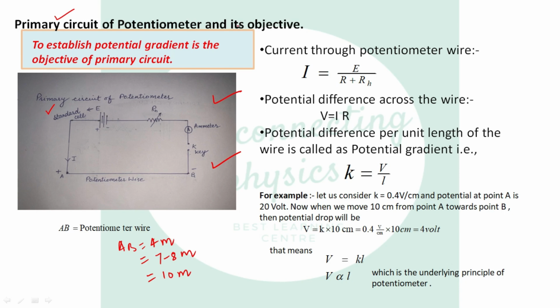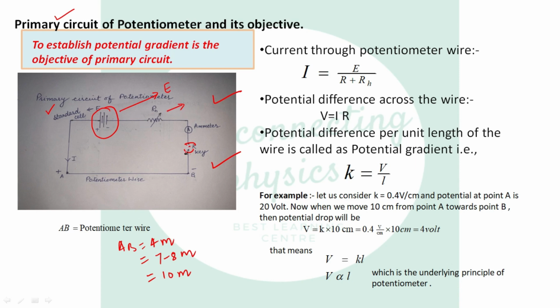Now what is the objective of the primary circuit of the potentiometer? We know the value of EMF of this standard cell, because when we close the key, this battery maintains the current in the circuit. For the rheostat, we know the resistance because we can decrease or increase it; it is in our hand.